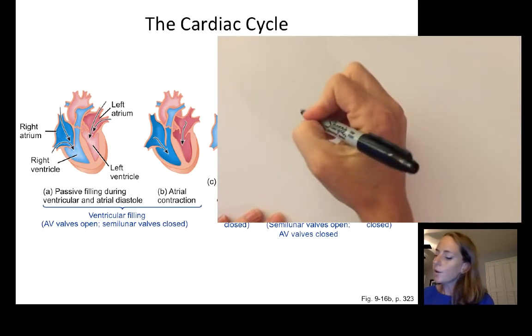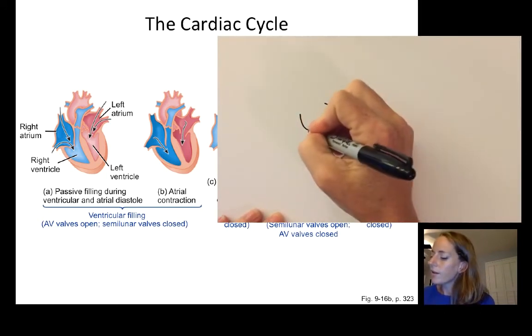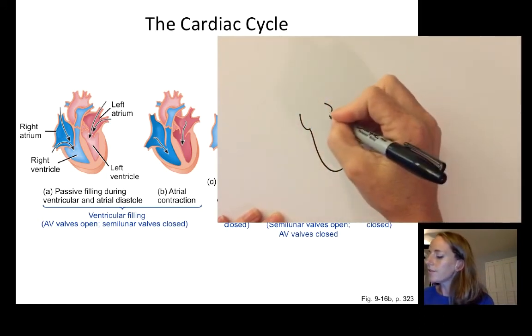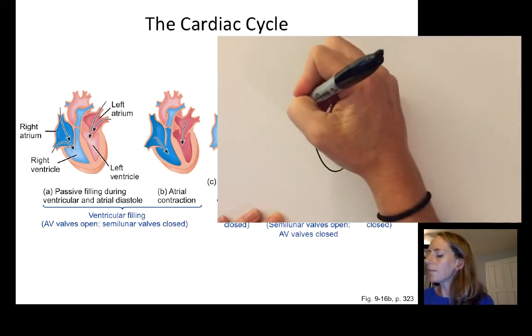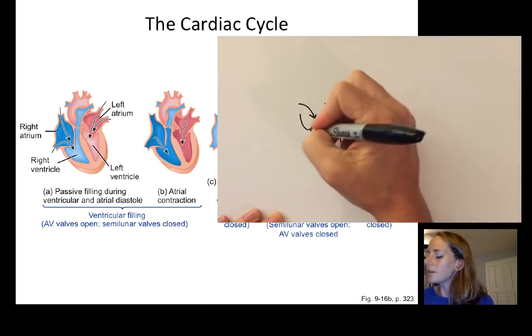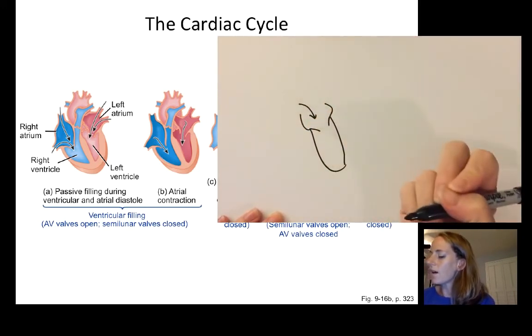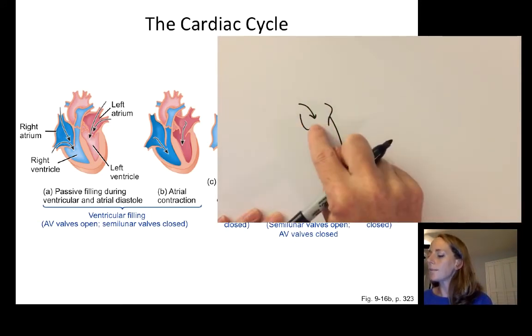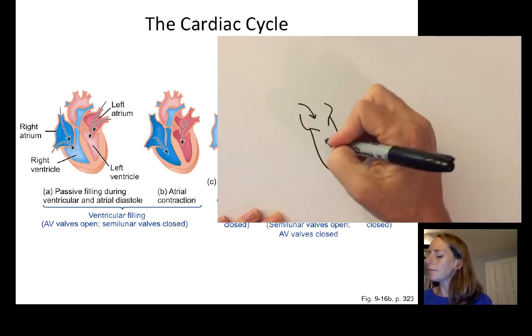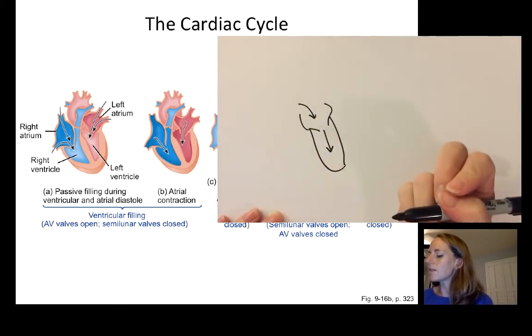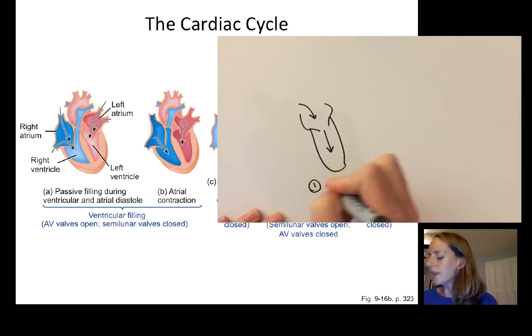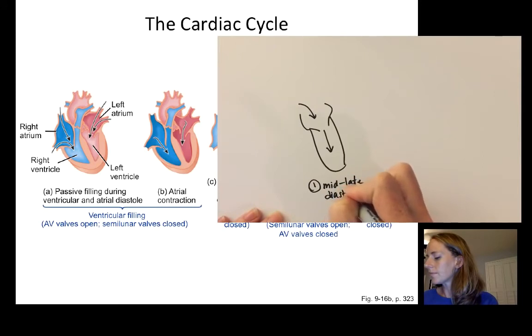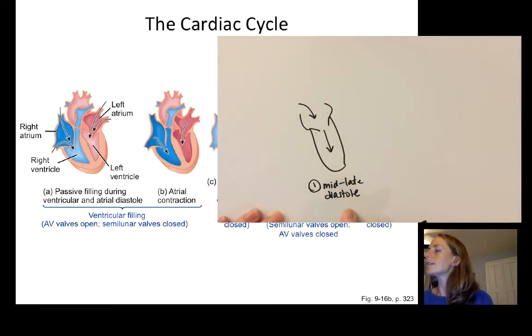Okay, so we have in the first phase of the cardiac cycle, we're going to have blood entering and the AV valves open. So blood is entering the atria, AV valves are open, blood is filling the ventricles. So the first phase is going to be mid to late diastole.